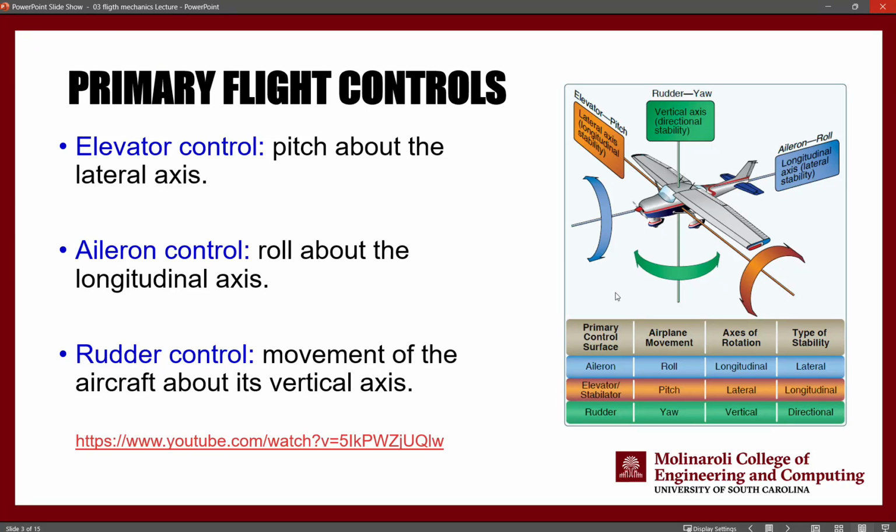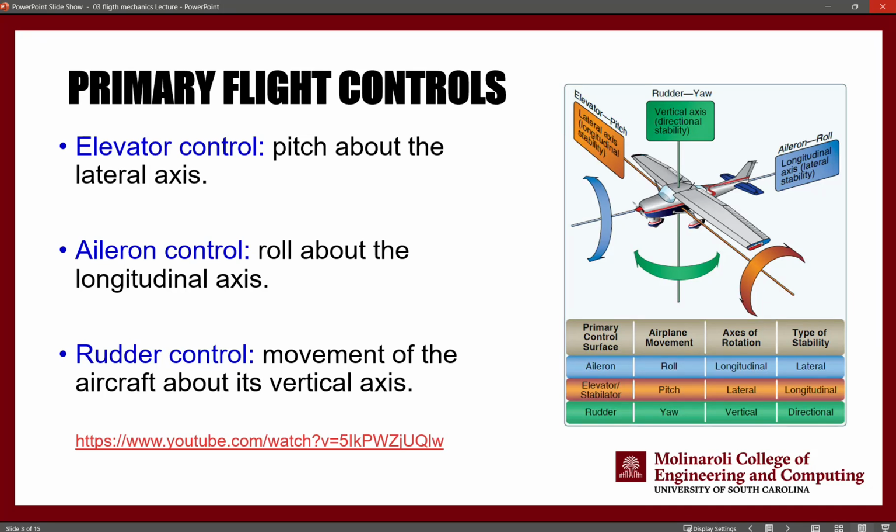And the third primary movement an aircraft has is called the yaw of an aircraft, essentially rotating around this axis. So three different primary movements of an aircraft, which will require three different flight controls, primary flight controls.